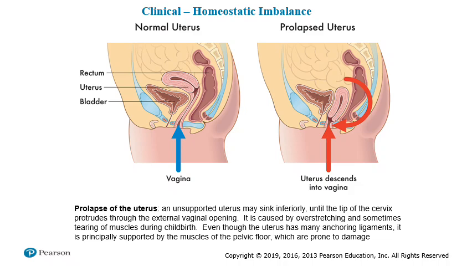This is caused by overstretching and sometimes tearing of muscles during childbirth. Even though the uterus has many anchoring ligaments, it is principally supported by the muscles of the pelvic floor, and that is very prone to damage.